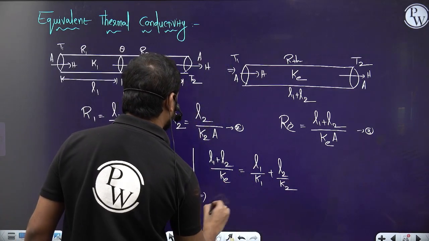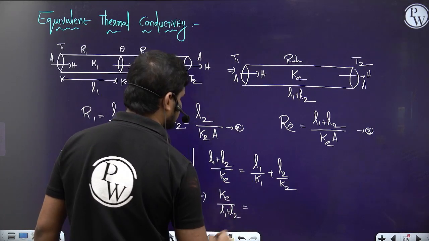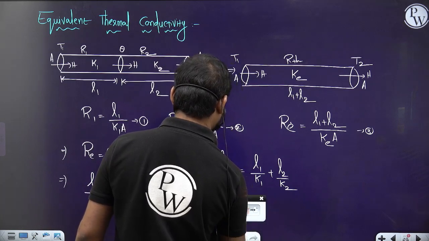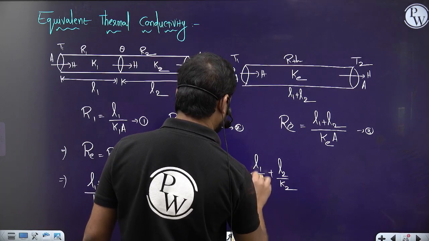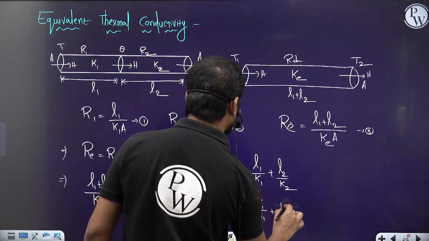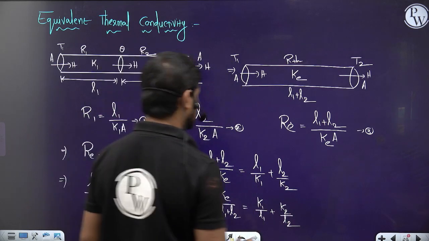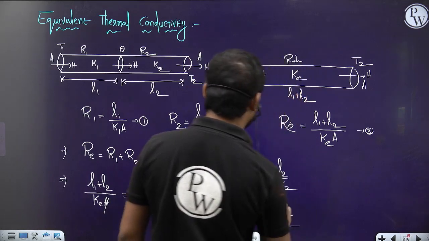So let's write them in reverse: Ke by L1 plus L2 is equal to the reverse of the fractions, K1 by L1 plus K2 by L2. Then sending this part to that side, we get L1 plus L2.